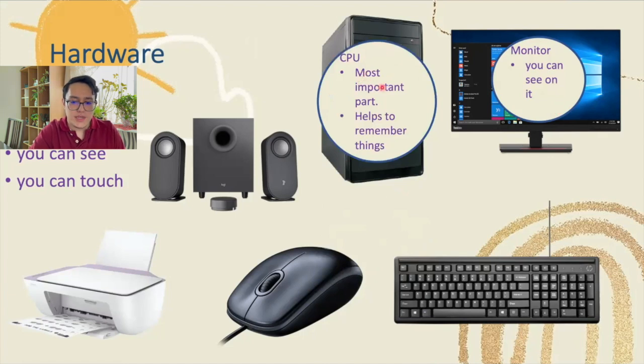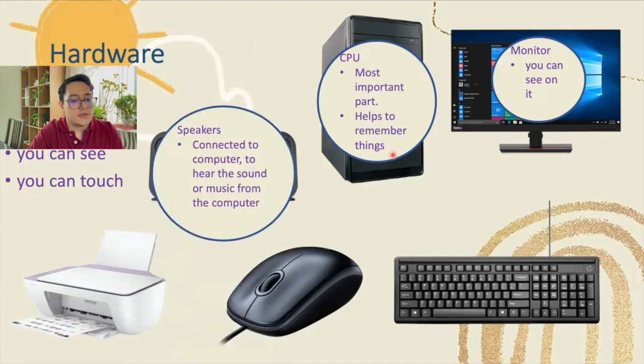The most important part of a computer. It helps you to remember things. So, it helps the computer to remember things. So, all the information is in the CPU. So, if the CPU will have problem, then your computer will have problem also.